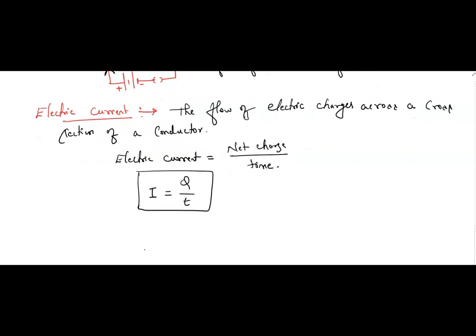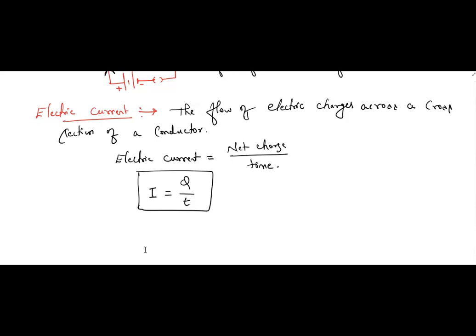So children, I hope you have understood, right? Very good. So what is electric current? The flow of electric charges across a cross section of a conductor is known as electric current.